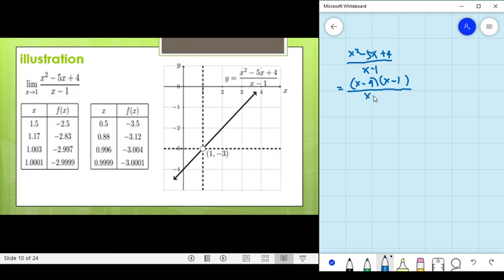Then copy the denominator. In this case, we can cancel out x minus 1. So what is left here is x minus 4.